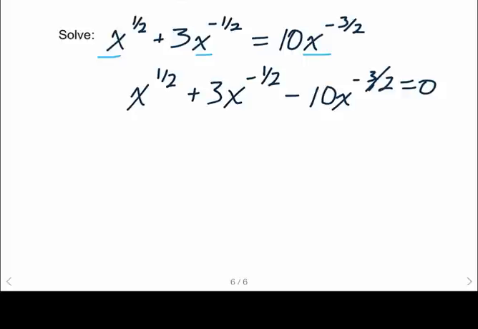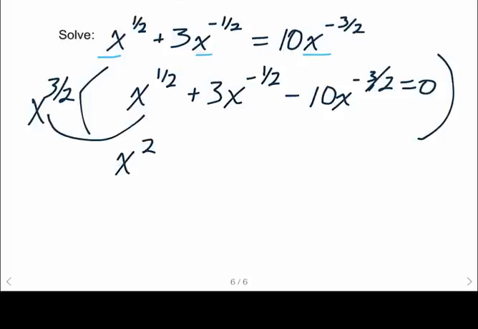And one way we could look at this is recognizing that the negative exponents indicate fractions. And so we could multiply both sides by x to the 3/2. If we did so with all of the terms, well, x to the 3/2 times x to the 1/2 is going to give me x squared. x to the 3/2 times 3x to the -1/2 is going to give me 3x, because we were adding the exponents, right? 3/2 minus 1/2 is 1.